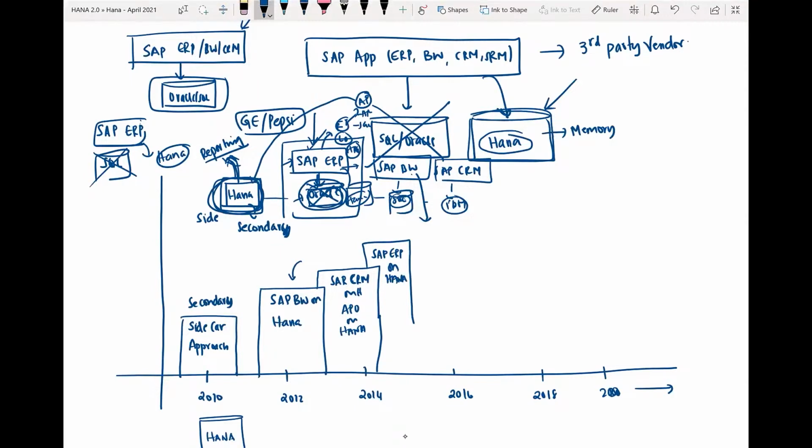So between 2012 and 2014, 2015, you would see that companies started moving their SAP applications to be running on SAP HANA. As SAP was doing more and more research and development on this HANA database, they realized the potential of SAP HANA.